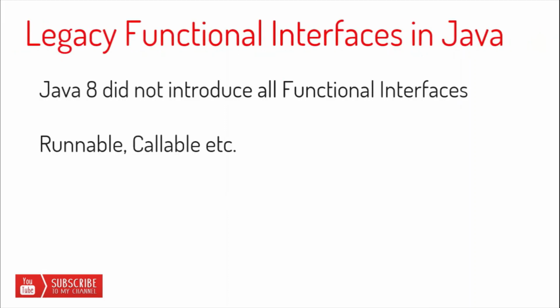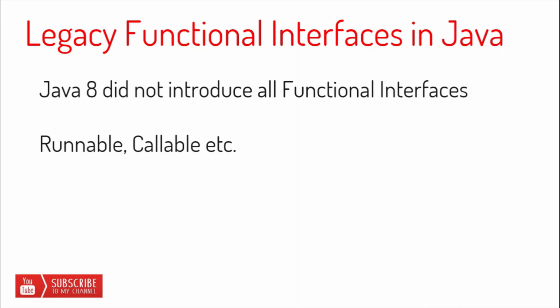So what are the legacy functional interfaces in Java? Java 8 did not introduce all the functional interfaces. There were many functional interfaces that came from previous versions of Java and can be used as lambdas. A significant example is Runnable and Callable interfaces, which are used in the concurrency API.